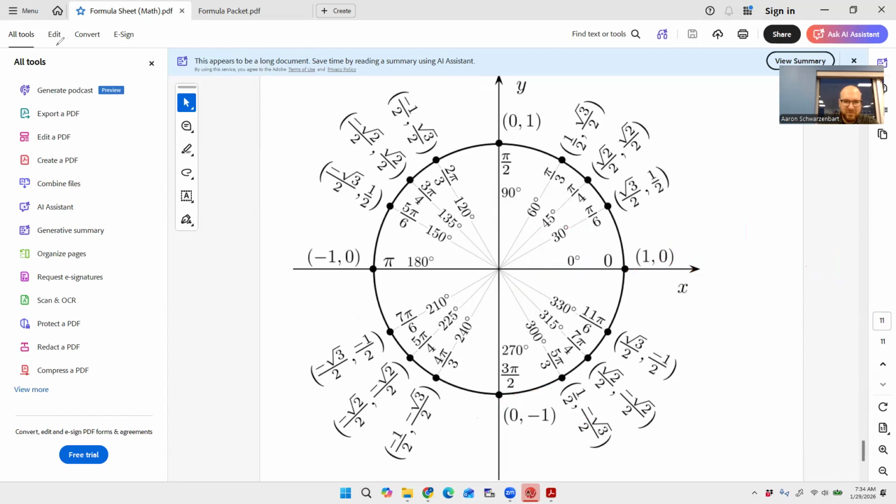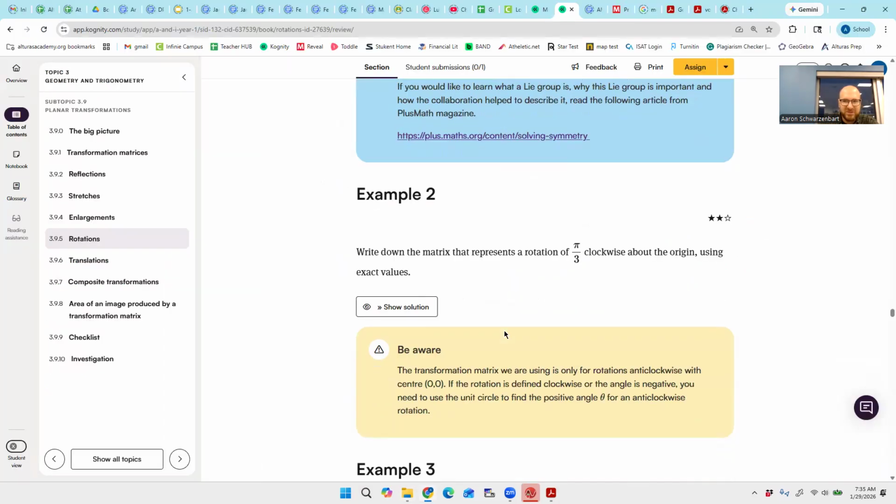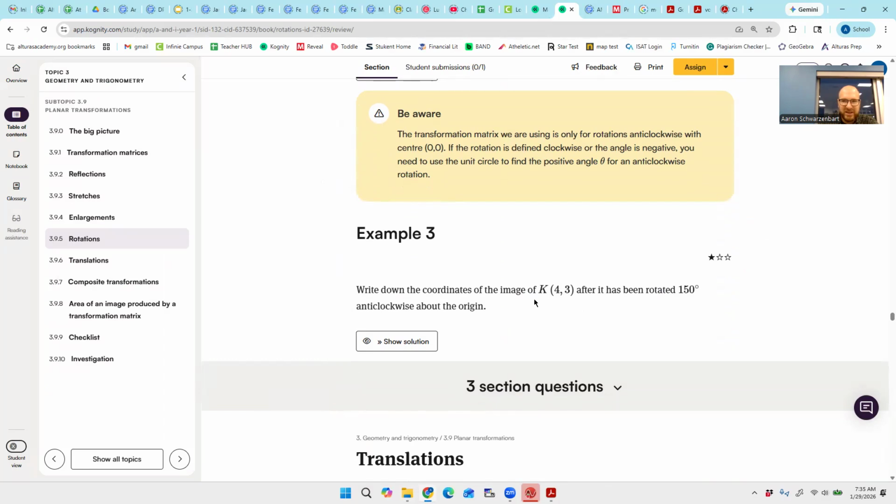All that did was switch which one is which. Now, this one wants it being rotated 150 degrees anti-clockwise or counterclockwise. So cosine 150, negative sine 150, sine 150, and cosine 150.